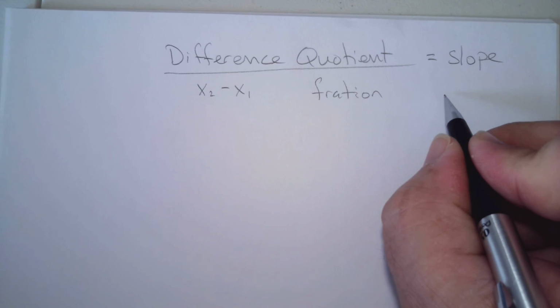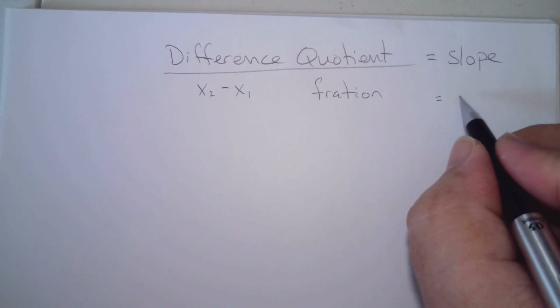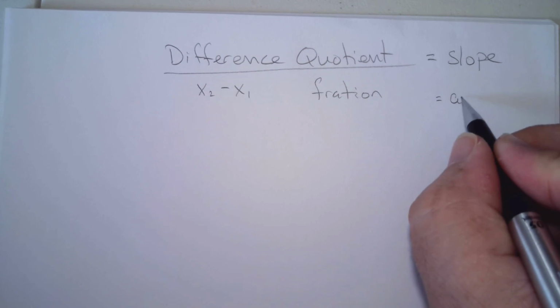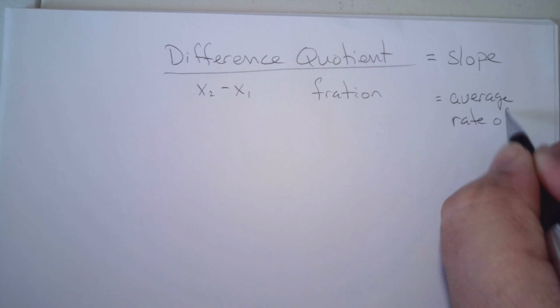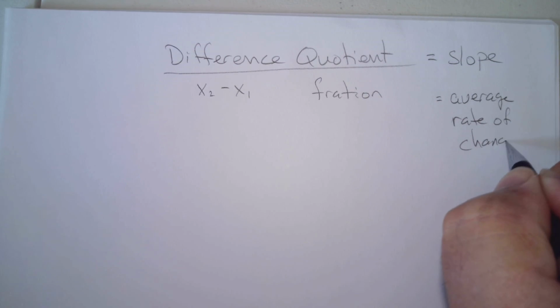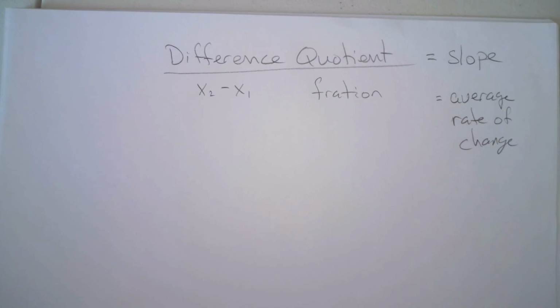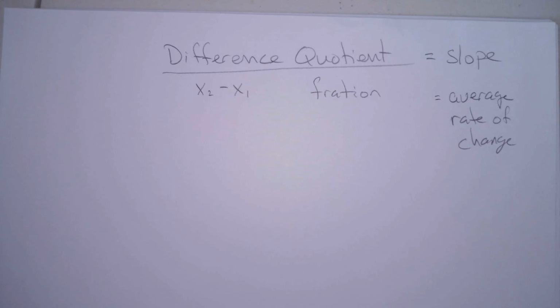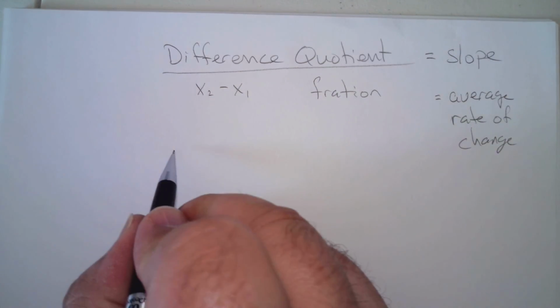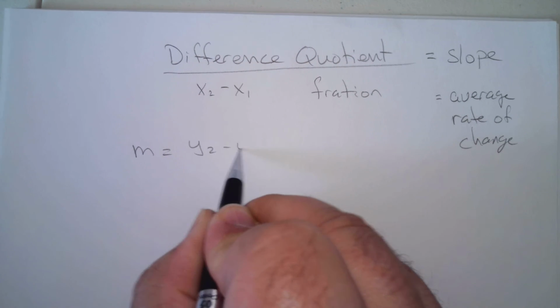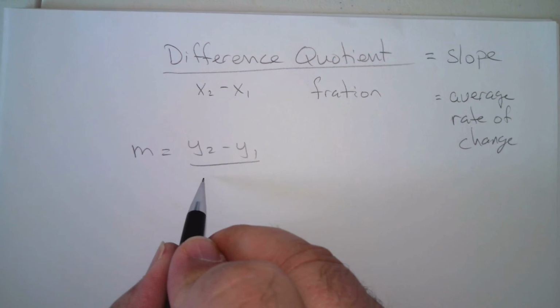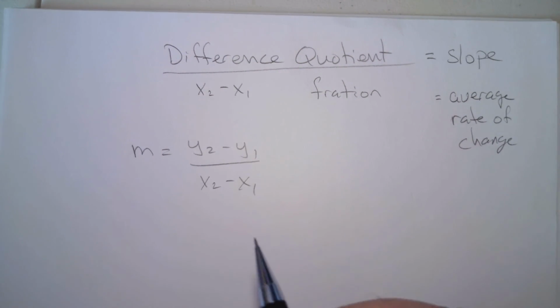So what we're going to do here is we're actually looking for the average rate of change. So in the past, we had y2 minus y1 over x2 minus x1.